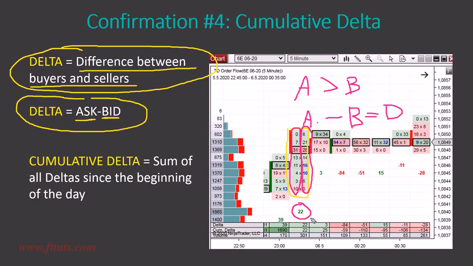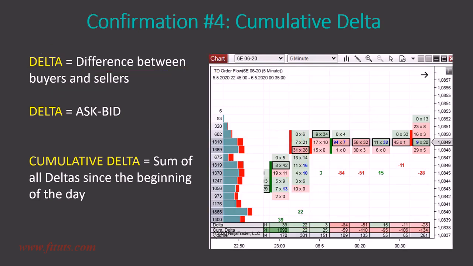You can see the delta below each footprint, also in here in the summary. Now, what you can also see in the summary is cumulative delta. And the cumulative delta is the sum of all deltas since the beginning of the day. So this is the beginning of the day in here.